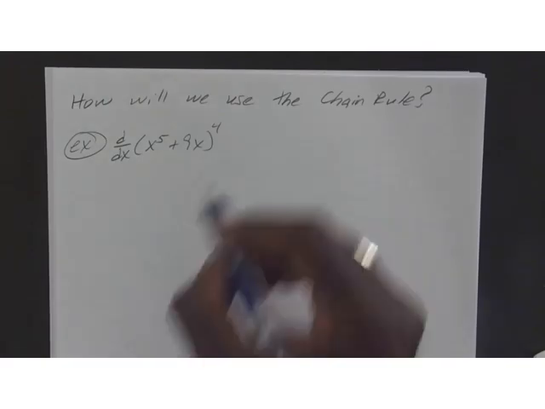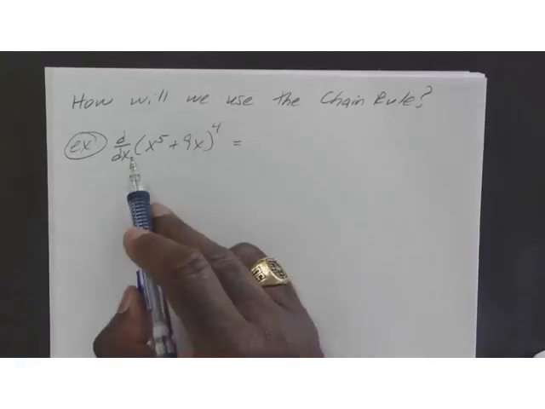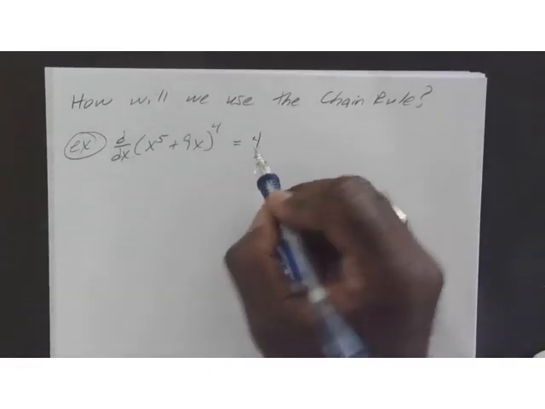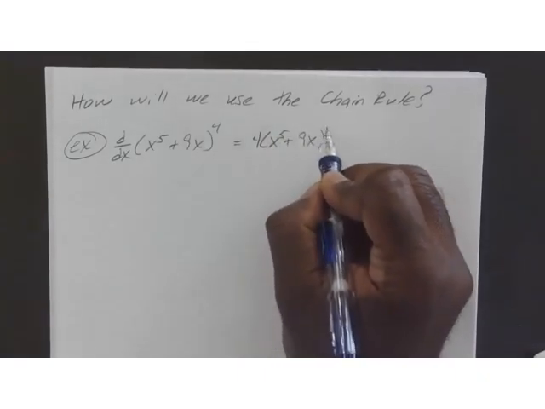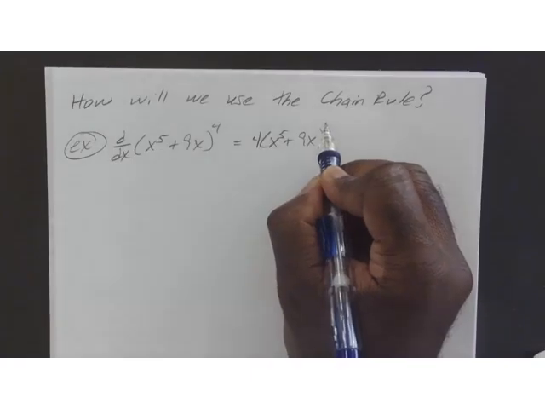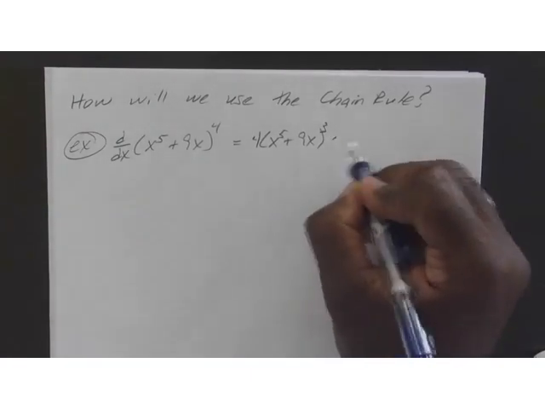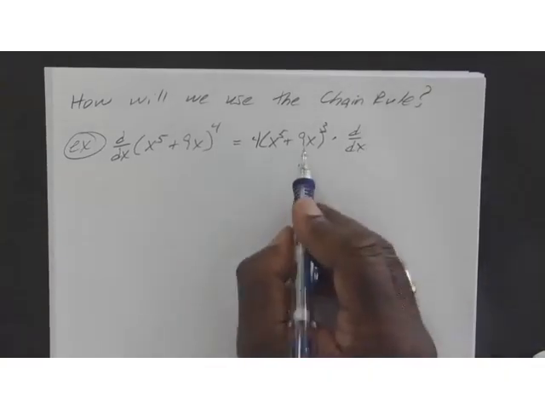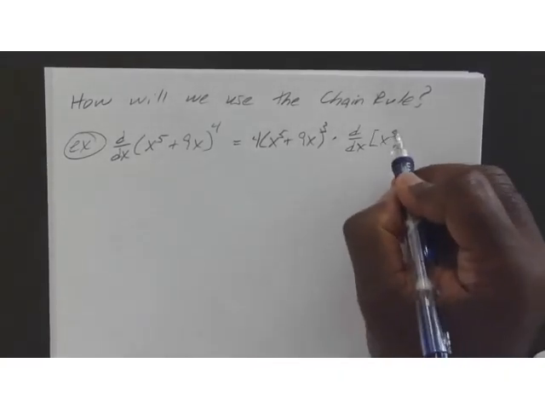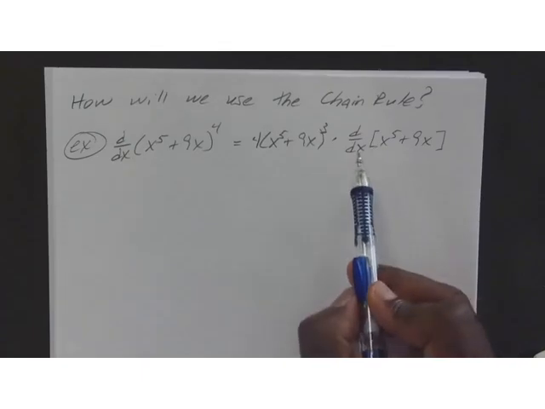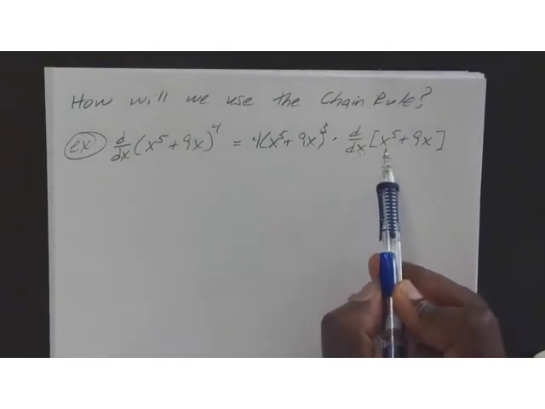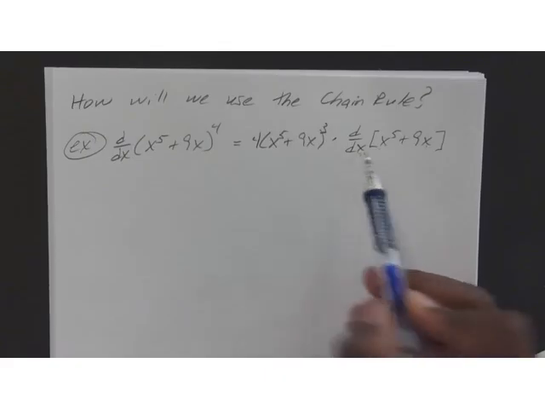We know, using the chain rule, we just apply the power rule to the whole thing. So that's 4 times x to the fifth power plus 9x to the 4 minus 1 power, so we say to the third power, times the derivative of what's inside, x to the fifth power plus 9x. So that's the chain rule when your independent variables both match up. These are all x terms, and you're differentiating with respect to x.